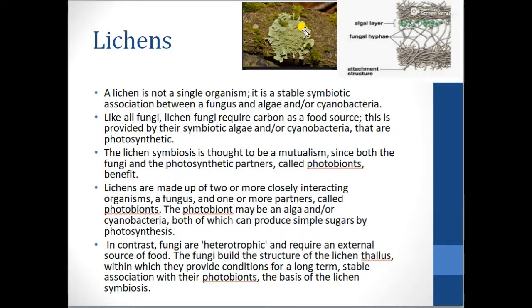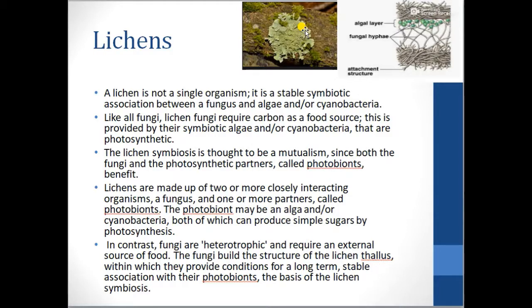Usually, the lichen is made up of two or more closely interacting organisms, a fungus and one or more partners called photobionts. What is a photobiont? The photobiont can be either a cyanobacterium or an alga.